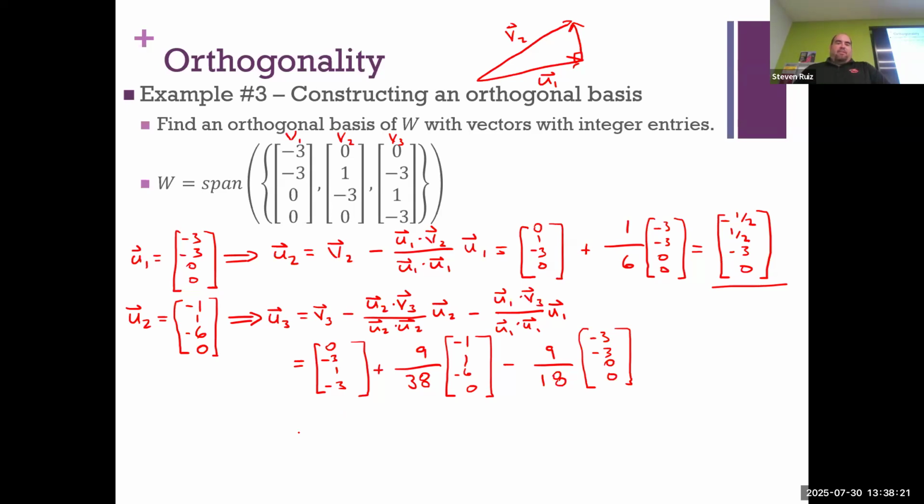So we want to get a vector in the end here that has only integer entries. So I have a couple choices. Do we want to force all these things to be integers now, or add them all together and figure that out at the end? Okay, sounds good. So then this first entry is going to be -9 over 38 plus 3 over 2.